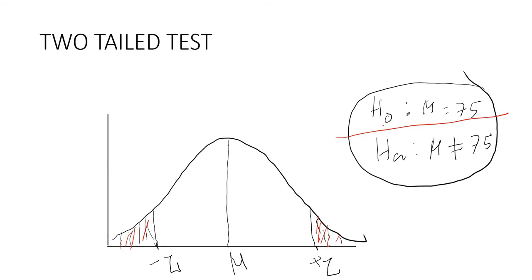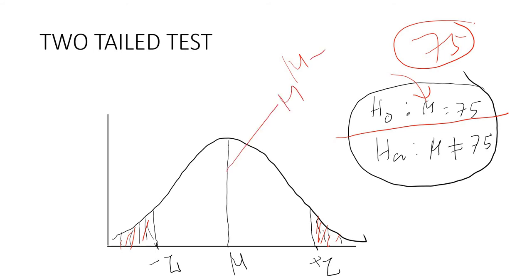for the null hypothesis, we have taken the average, mu, equal to 75. Mu is the mean, the lifespan, which is 75. And the alternate hypothesis says it won't be equal to 75.